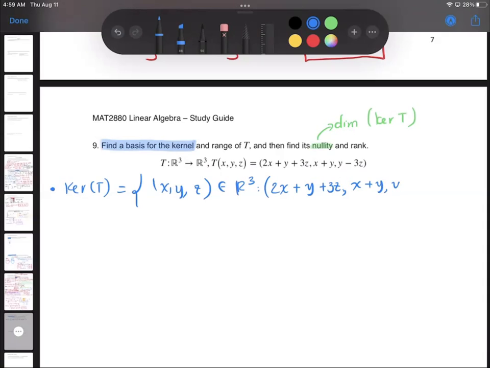Transferring back, I get x plus 3z equals 0, y minus 3z equals 0, and 0 equals 0, right? So now I know that I have infinitely many solutions. Here, if I let z equal t, then that implies y equals 3t, and x equals -3t.